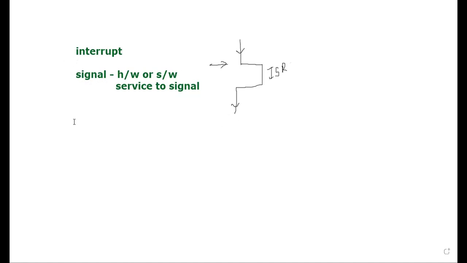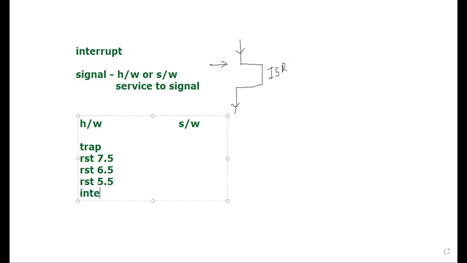There are two types of interrupts. One is called the hardware interrupt, and the second one is called the software interrupt. Software interrupt is due to the programs, and hardware interrupt is due to the hardware circuitry. There are 5 hardware interrupts: RST 7.5, RST 6.5, RST 5.5, and INTR.